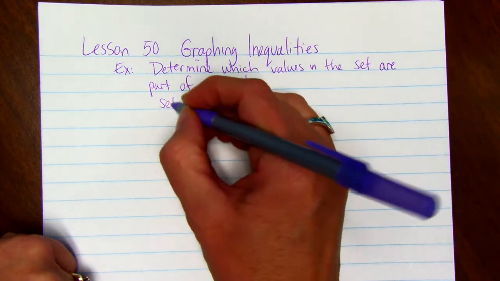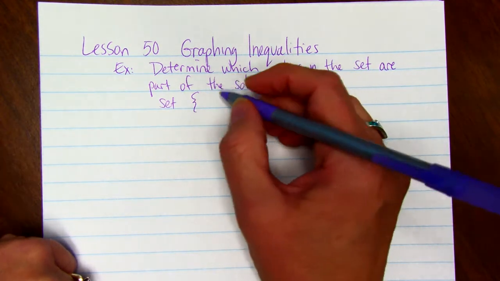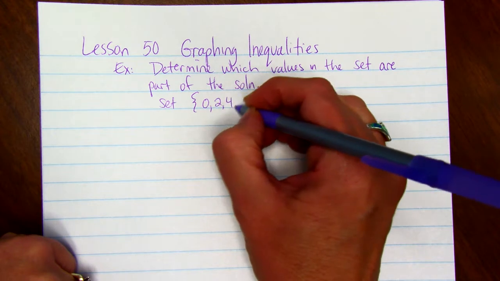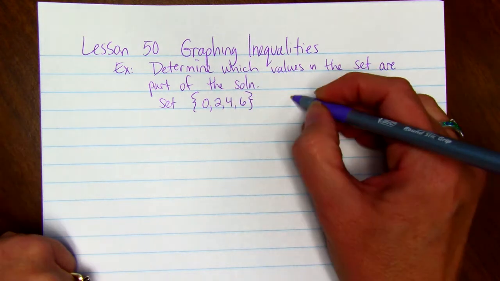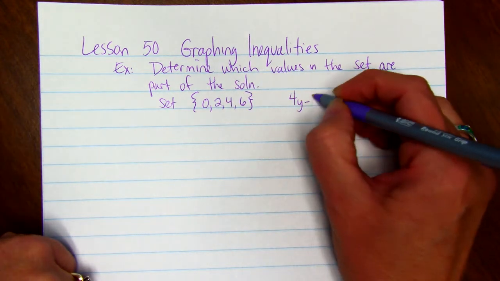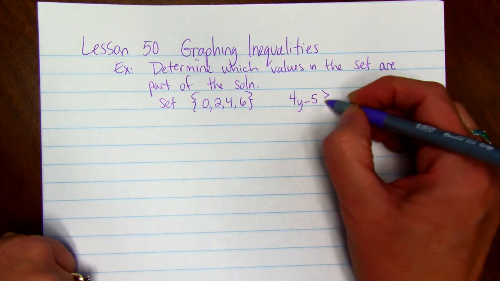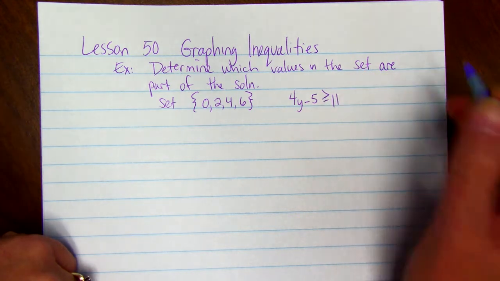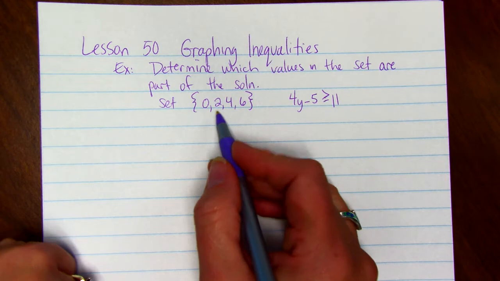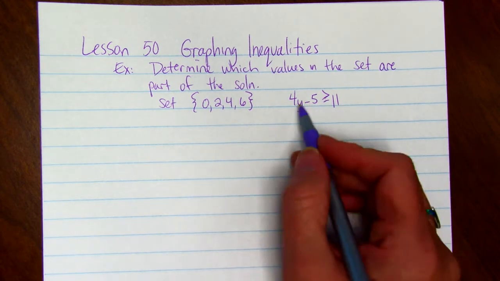So here's our set. It's 0, 2, 4, 6. And the inequality we want to test is 4y minus 5 is greater than or equal to 11. So we're going to test 0 for y.